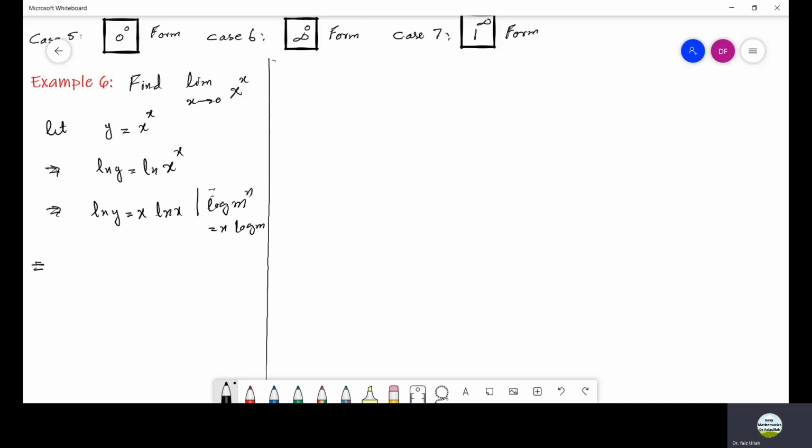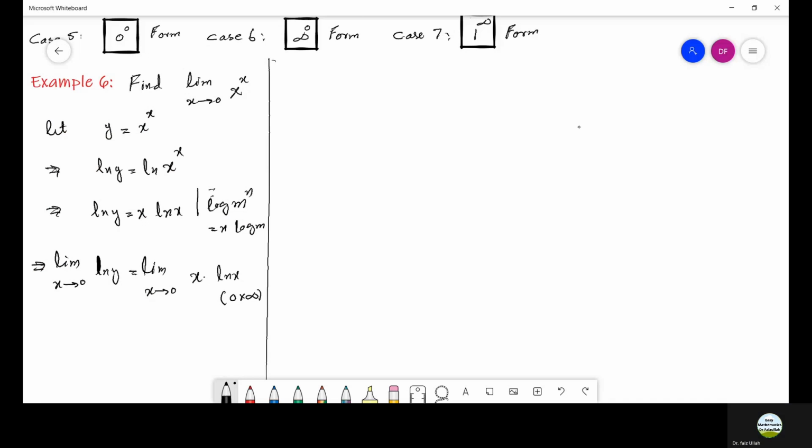And now let us take limits on both sides. So we have limit x approaches to 0, ln y is equal to limit x approaches to 0, x into ln x.